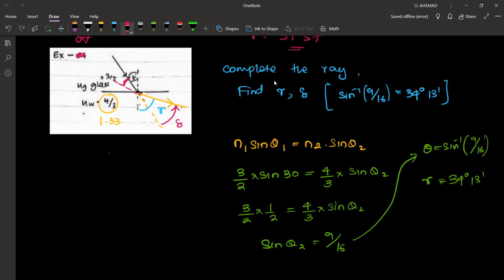By looking at the geometry, if this is delta, this angle over here is vertically opposite to this. Therefore, this angle is delta, and this is I. So this time, delta plus I is equal to R. So delta is equal R minus I.